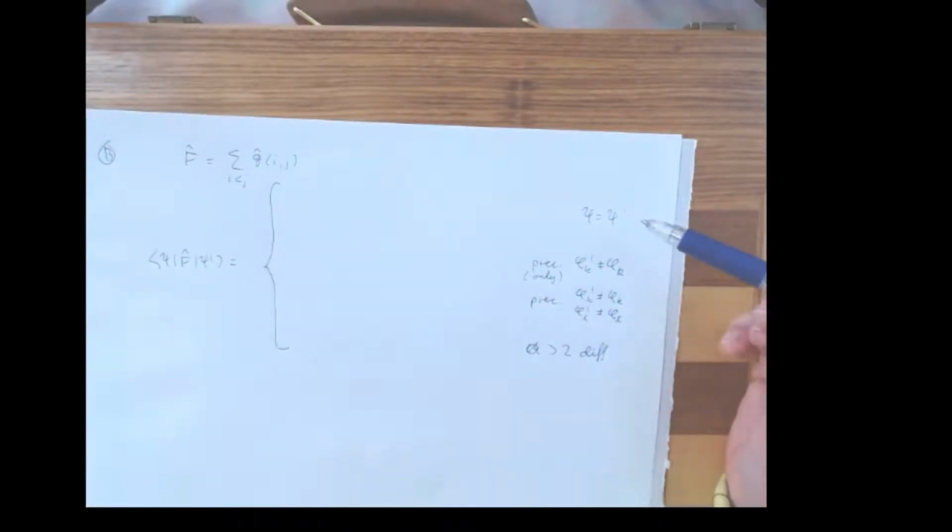So to recap here, either I have 0 differences between the two Slater determinants, or I might have precisely one difference, or I might have precisely 2 differences between my Slater determinants, and then finally I might have more than 2 differences.